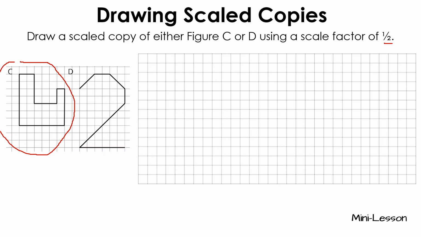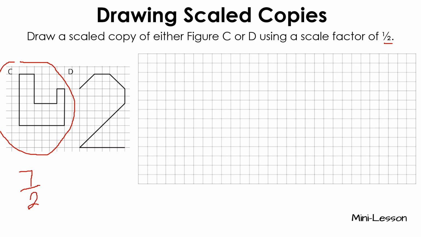I'm going to start with this line here. So here we have 1, 2, 3, 4, 5, 6, 7. And we're going to reduce it by half. So 7 divided by 2.